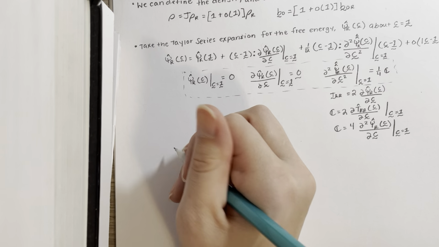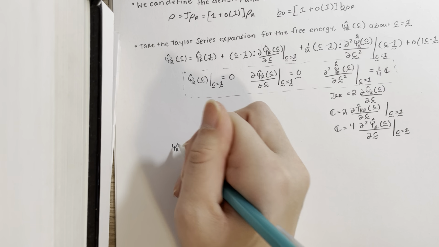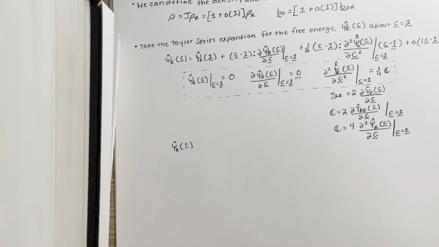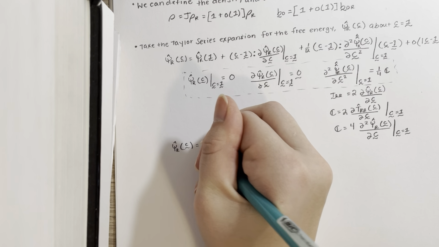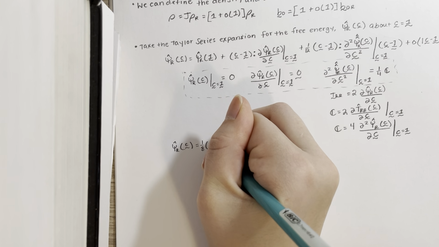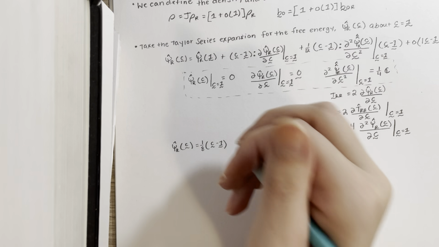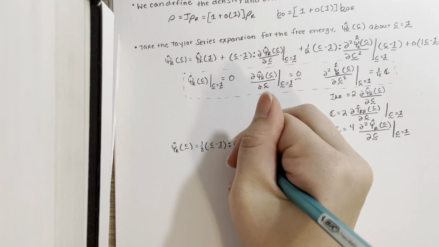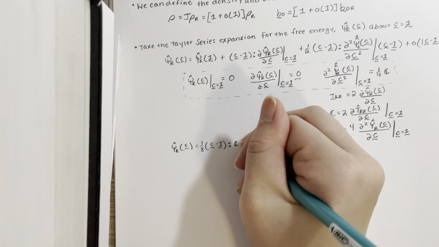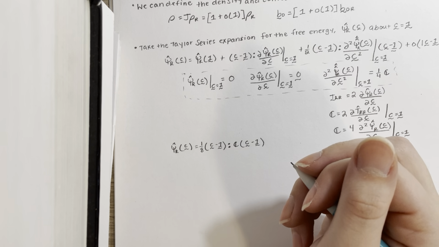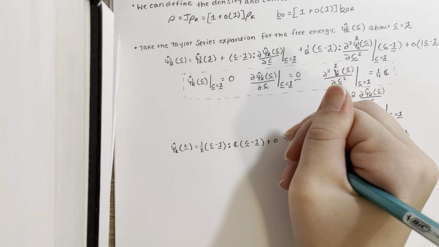We have that phi r hat of C is equal to 1/8 C minus the identity tensor double dotted with the elasticity tensor times C minus 1, plus some higher order terms.